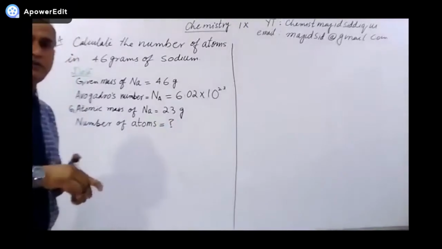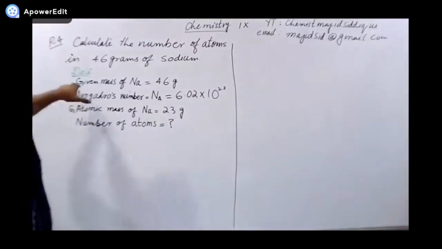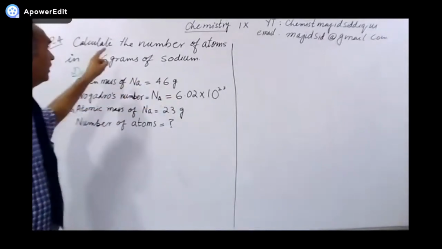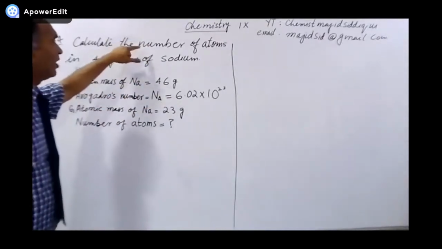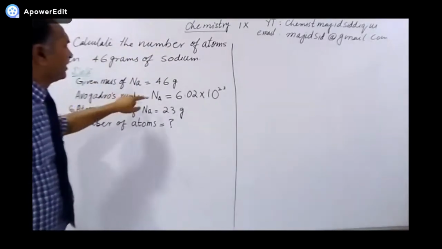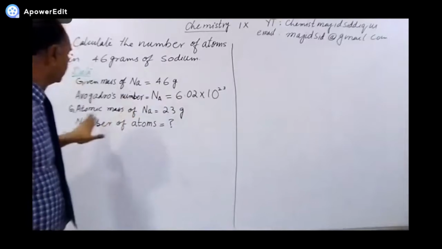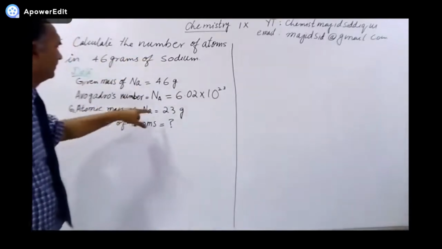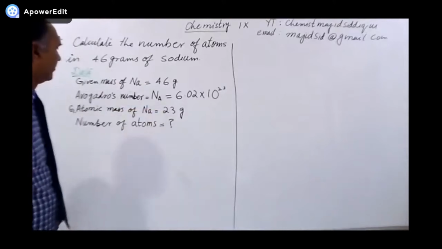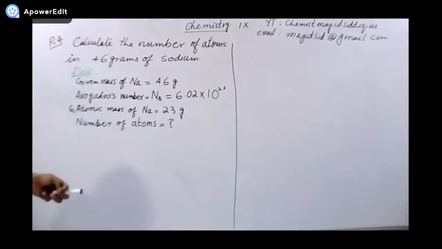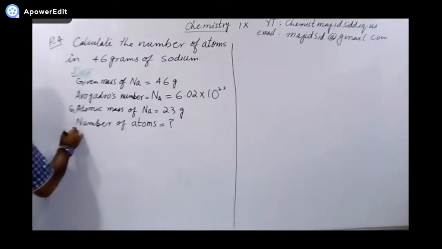See the data by yourself. What is given to you? Given mass of sodium 46 gram. When the question is about to find number of atoms, molecules, Avogadro number is already given to you. Understood? Atom, that is why its mass is given, 23 gram. And what is the question here? So, what is the formula over here?